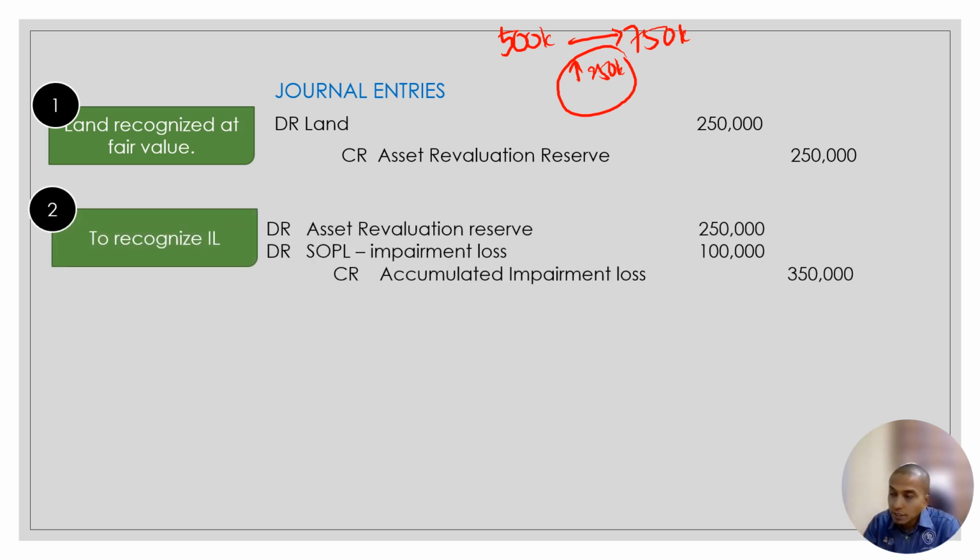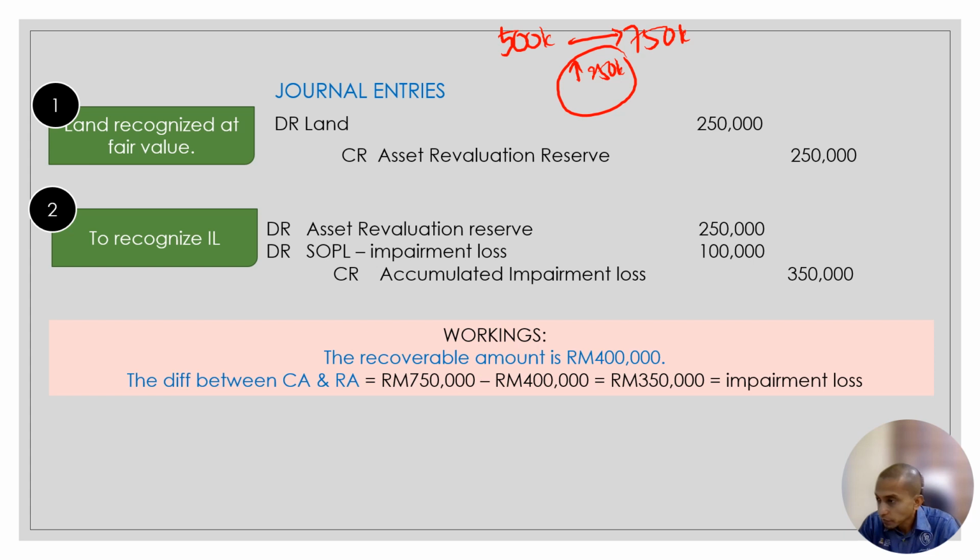So to recognize the impairment loss after a certain time, when the fair value less cost is what? Okay. It's 400,000, right? So this is the recoverable amount. The 750,000 is the carrying amount, right? So the carrying amount is 750. Recoverable amount is 400,000. So if you minus, you get 350,000. So it is an impaired asset.